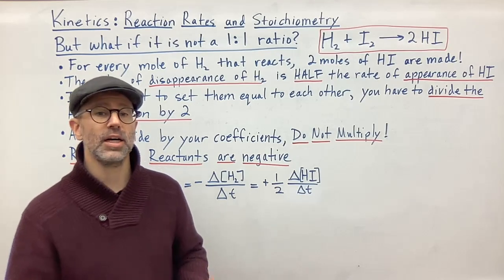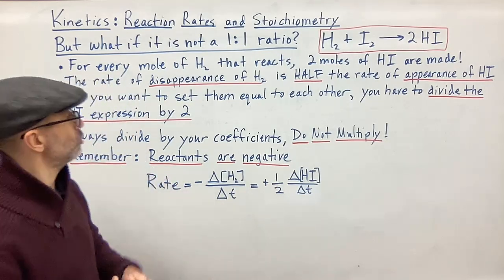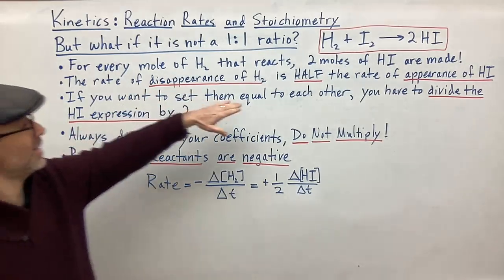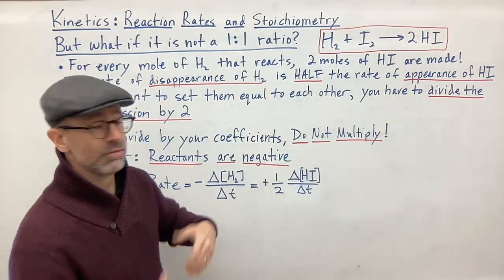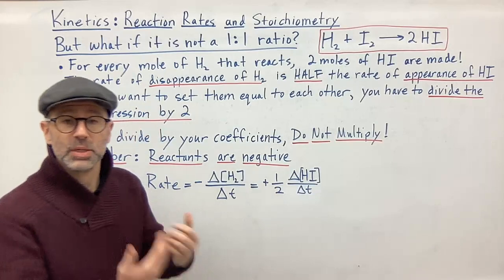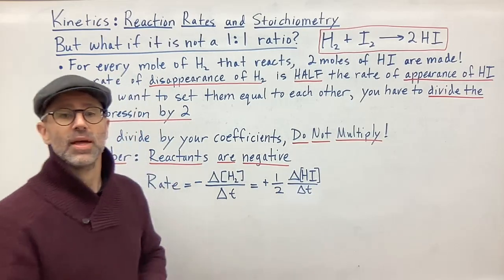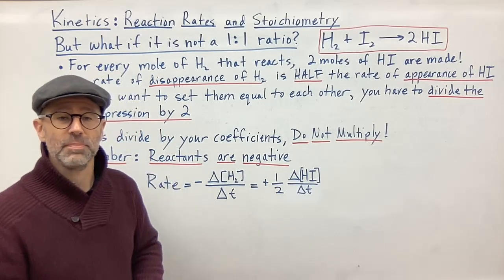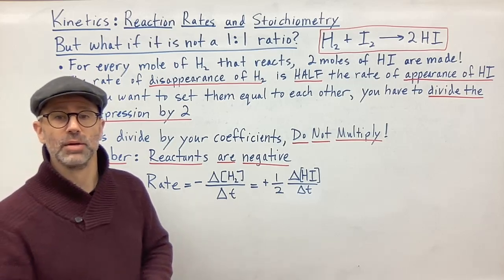So the rate of disappearance of H2 is going to be half the rate of the appearance of HI. HI is being produced at double the rate at which you are removing H2 from the system.